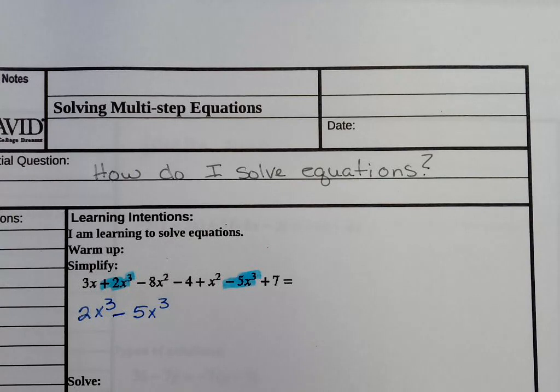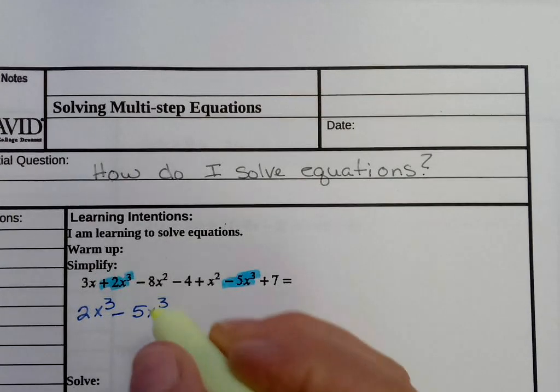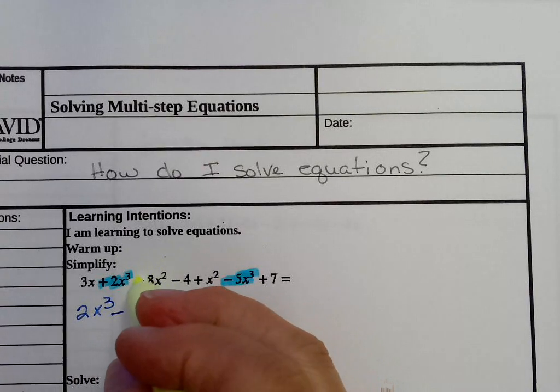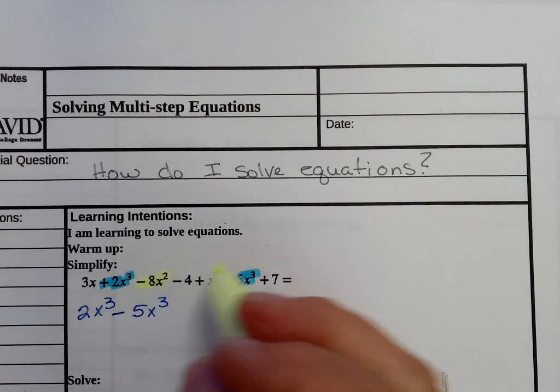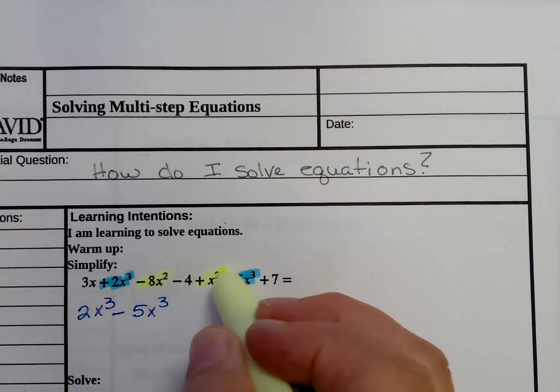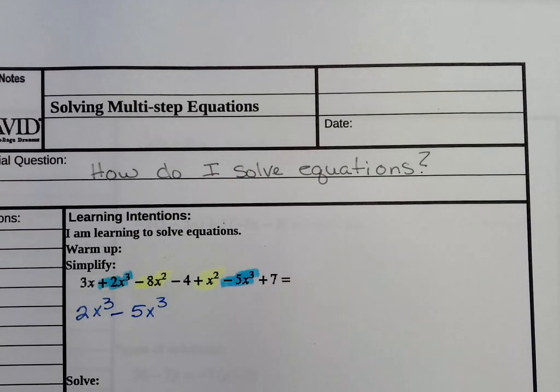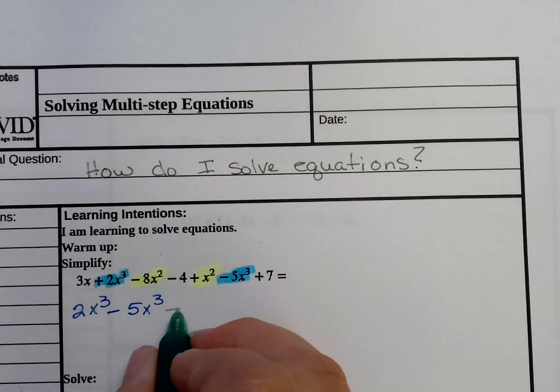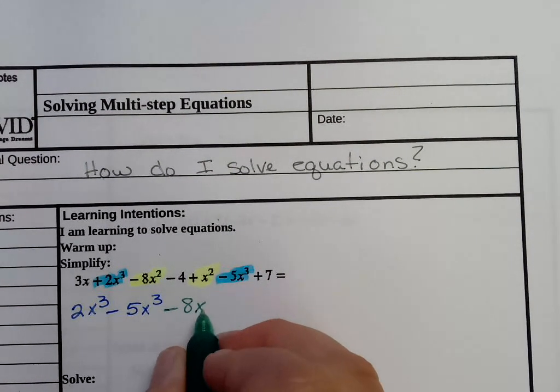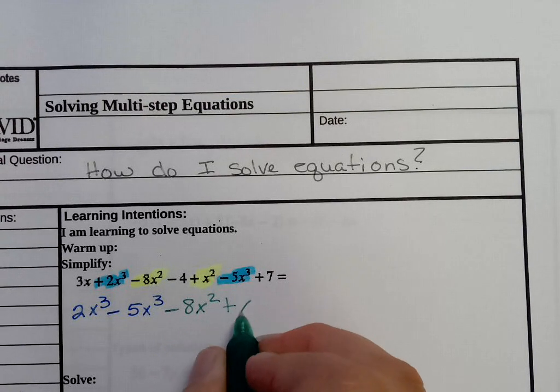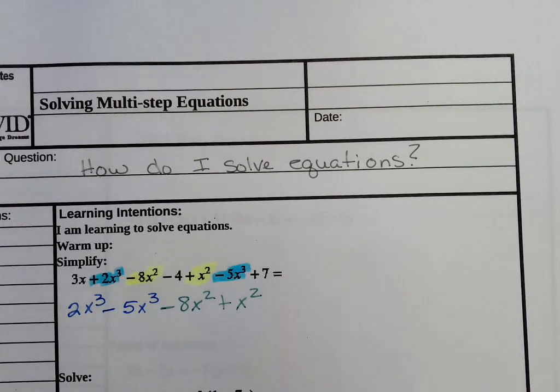Now we're going to look at x squared. I've got negative 8x squared, and I've got plus x squared. Now I look for my x terms.